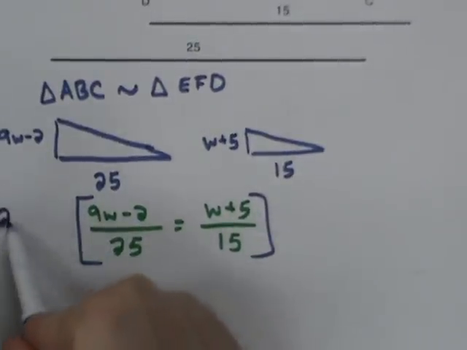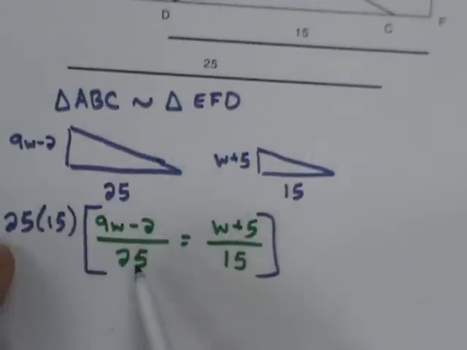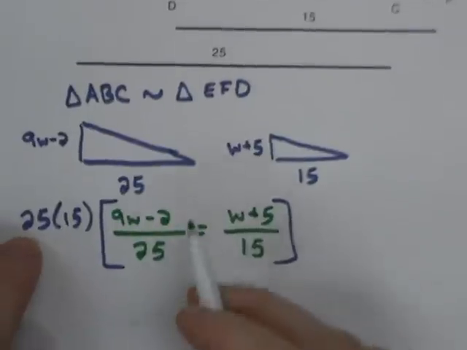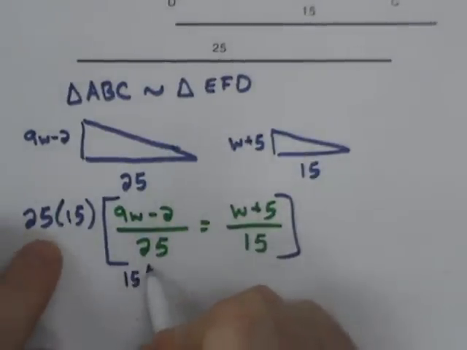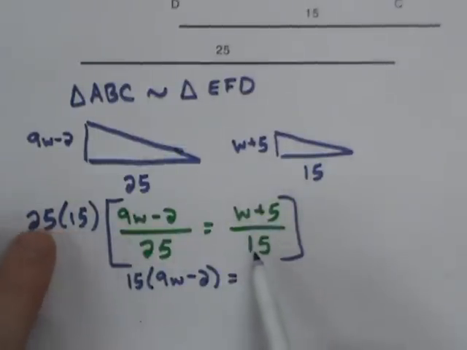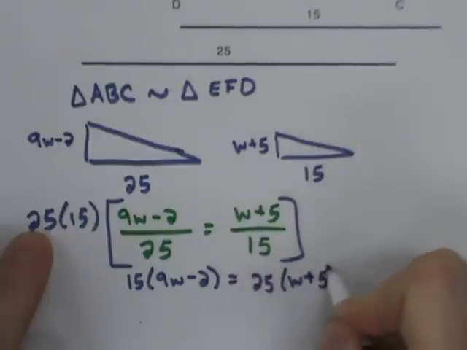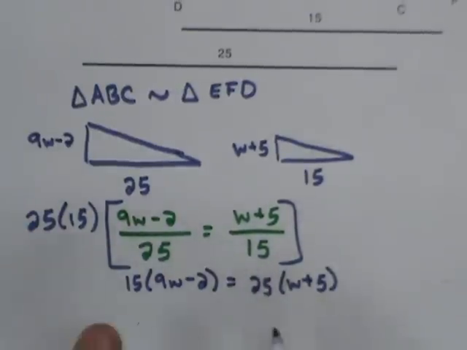I can say, let's go 25 and 15. As I distribute, for the first fraction, the 25's drop out, so I'll have 15 times 9w minus 2 equaling, for the second fraction, the 15's can drop out, and I would have 25 times w plus 5. The downside of just taking those numbers, you may end up with larger numbers.